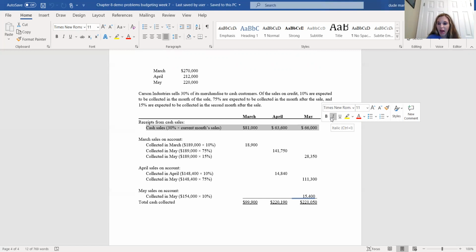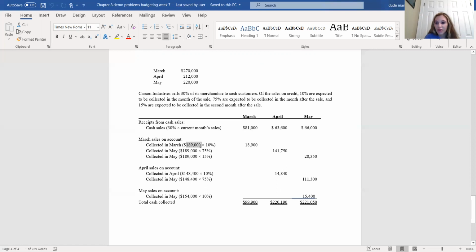Now the rest of these items that you see are going to be the amount sold on credit. So for example, this 189 here, you would take the 270,000 minus our cash sales to give us this amount collected, the 189,000. You take that times 10% to give you the amount that we collect in the month of sale.